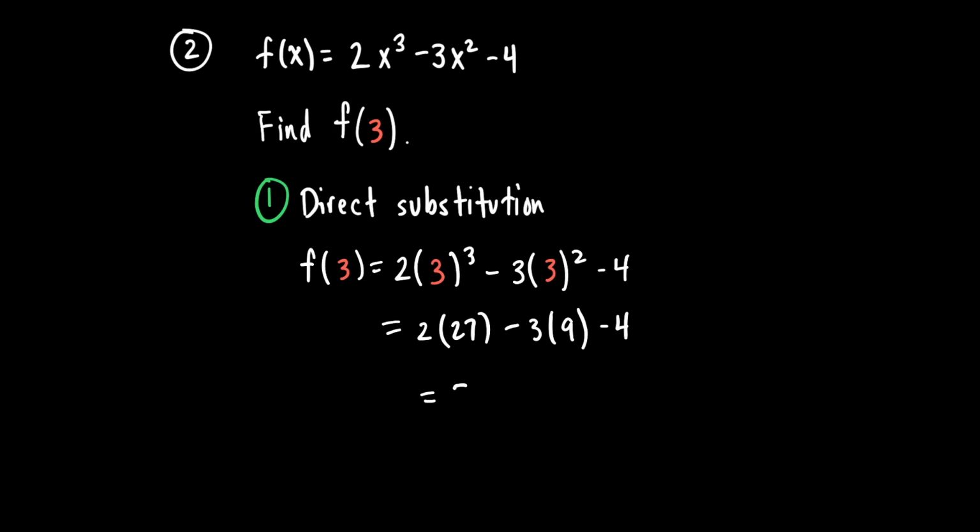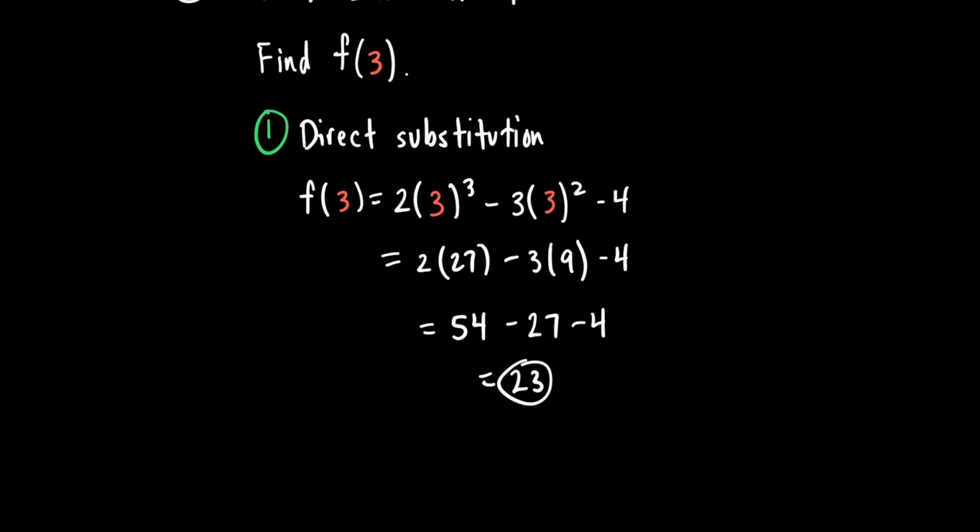So that's 2 times 27 is 54 minus 27 minus 4. So 54 minus 27 is 27, minus 4 is 23. So when you plug in 3 as an input, you will get 23 as an output.